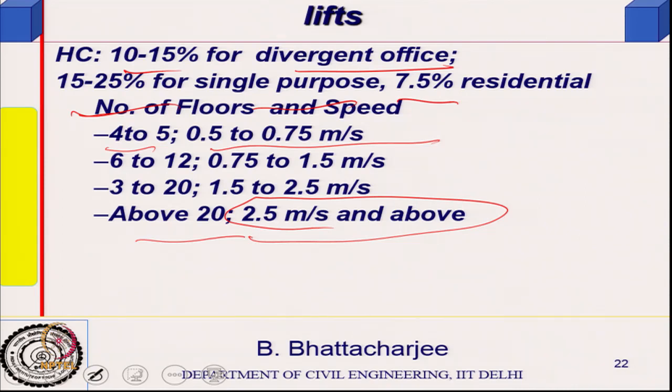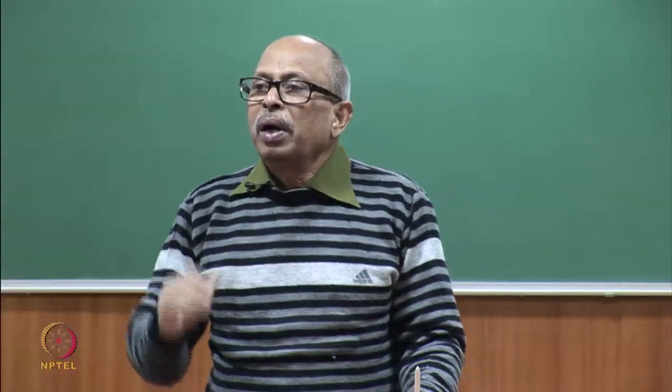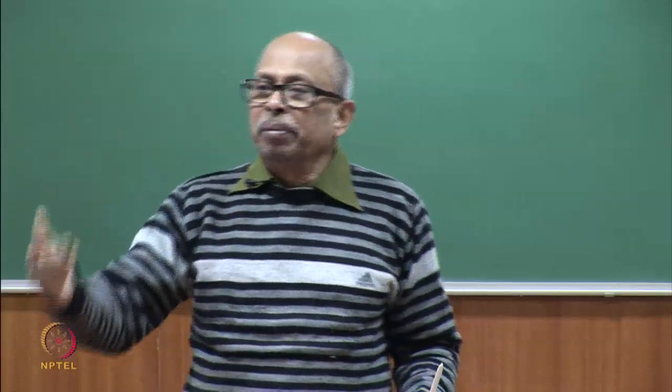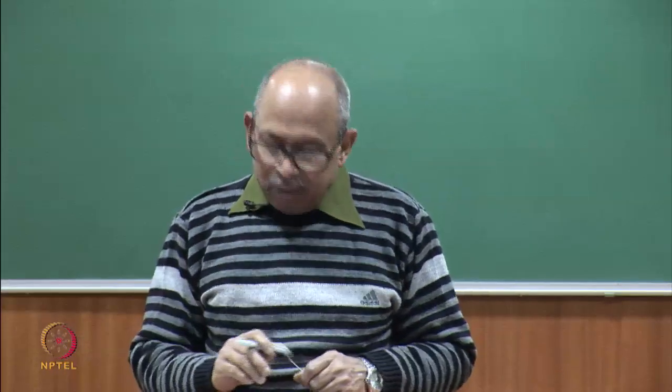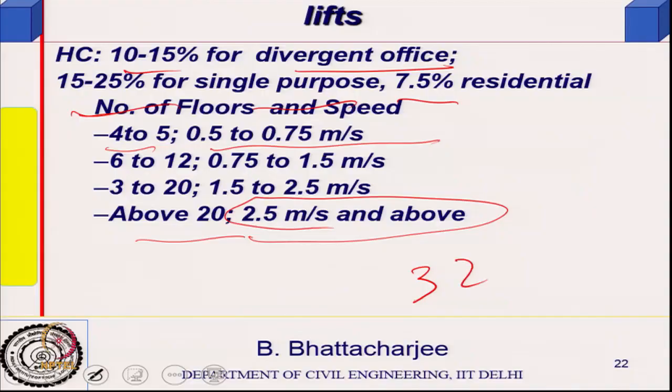Now supposing something like a 40-story building, and you want to go above, let us say, 32 stories and above. 32 stories, even if I take it as 32 into 3.5, or 3 meters or 3.5 meters, how much would it be?